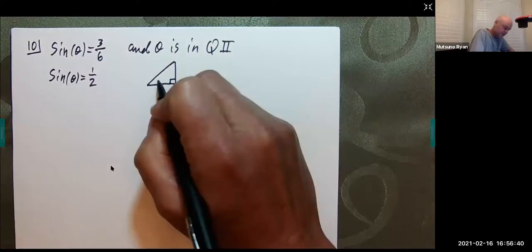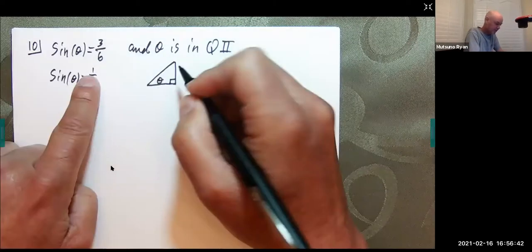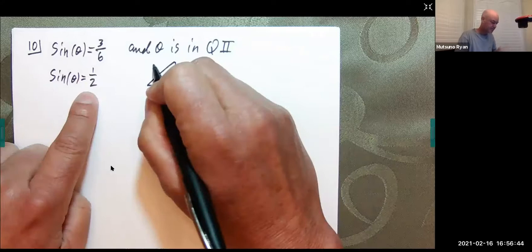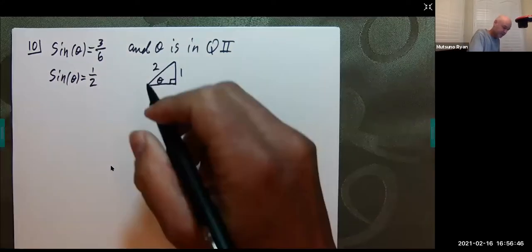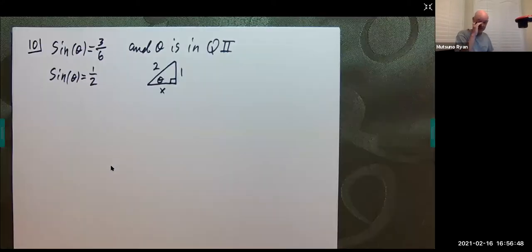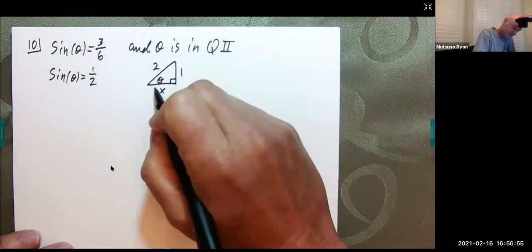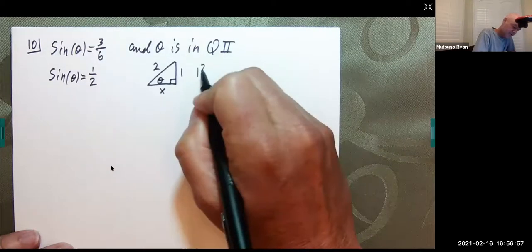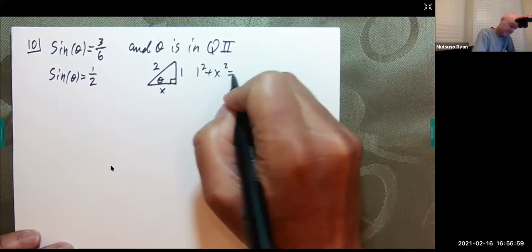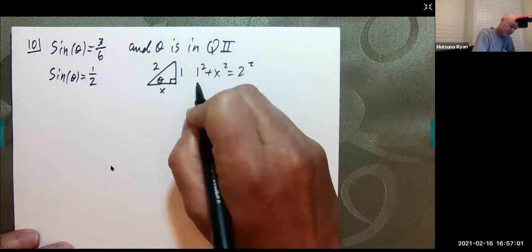Here's my theta. The opposite is a 1. The hypotenuse is a 2. I'm going to call this x. And I need to find that third side. I'm going to use the Pythagorean theorem to do it. Here's my hypotenuse and my 2 legs. So this is going to be 1 squared plus x squared equals 2 squared. 1 plus x squared equals 4.